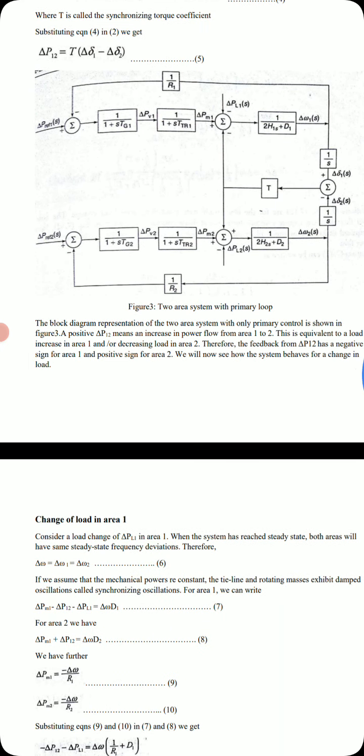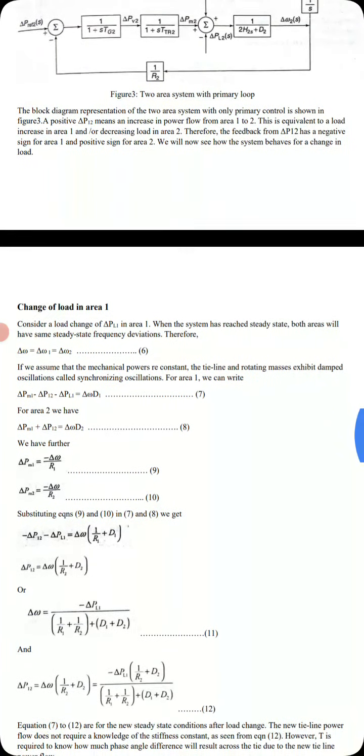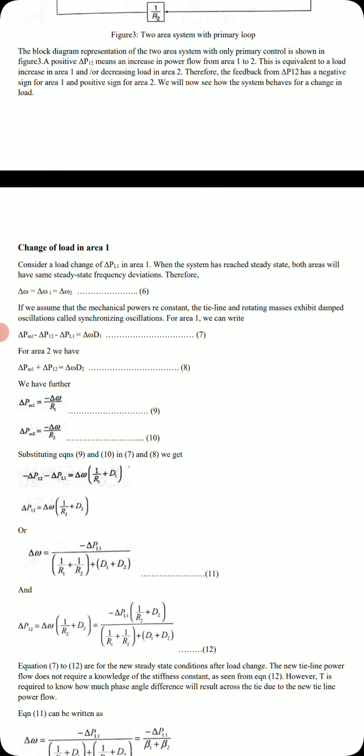Now the change of load in area 1. Considering the load change of delta PL1 in area 1, when the system has reached steady state, both areas will have the same steady state frequency deviation. Therefore delta omega is the same, delta omega 1 equal to delta omega 2. That is the steady state frequency deviation.